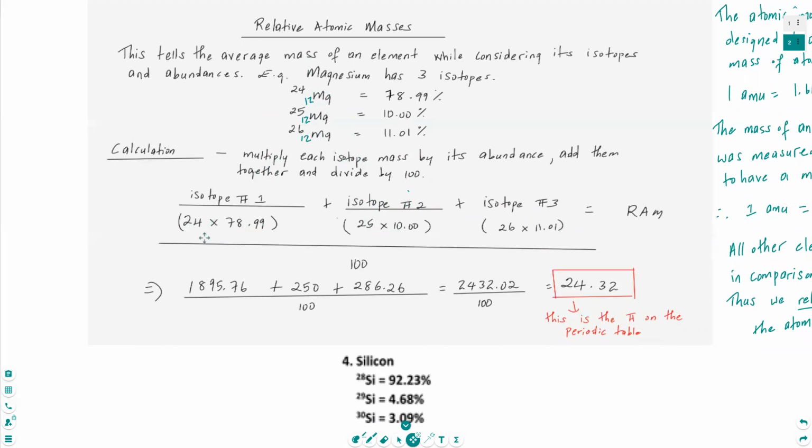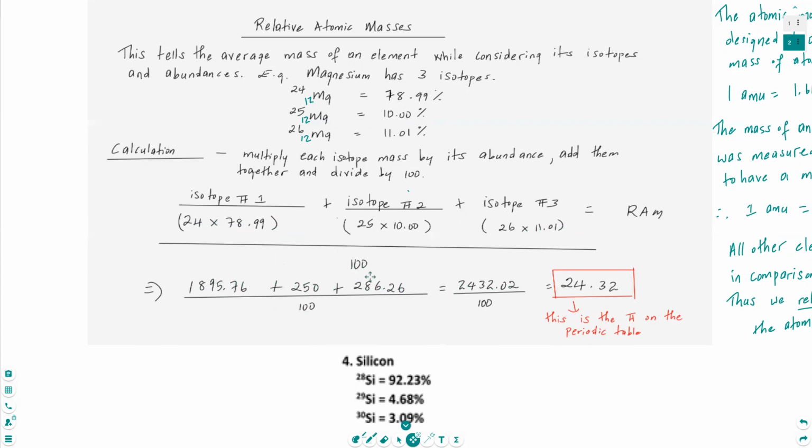So when we multiply each of the abundances and the masses, we write down the numbers that we get. 24 times 78.99 gives us 1,895.76. 25 times 10 gives us 250. 26 times 11.01 gives us 286.26. Then we make sure that all of that is divided by 100.